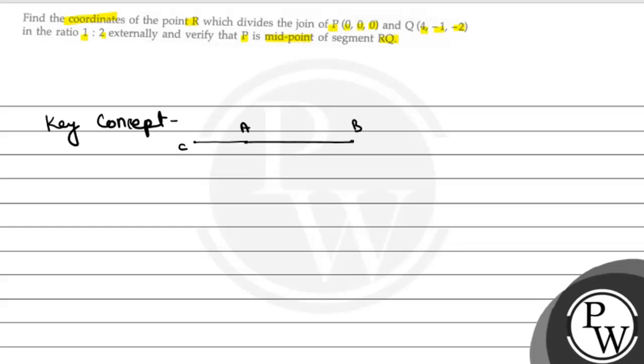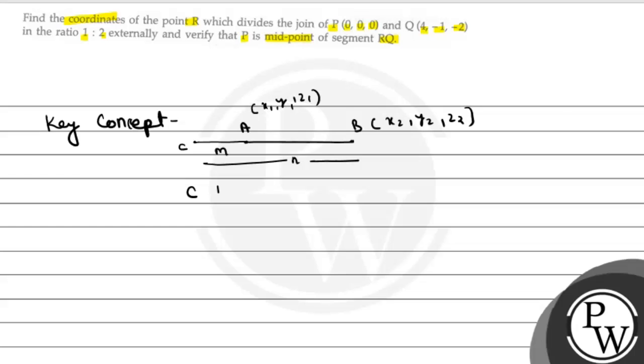So basically, in which ratio is it dividing? CA to CB. CA here is m and CB is n. To find the coordinate of point C, let the coordinate of A be x1, y1 and z1, and the coordinate of B be x2, y2 and z2.